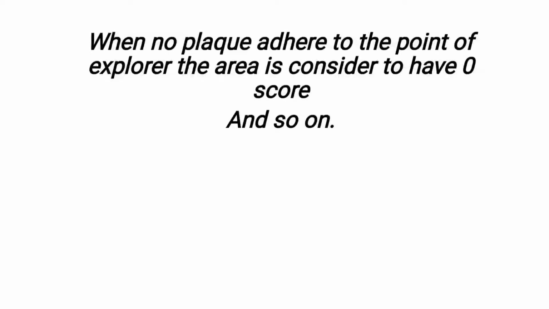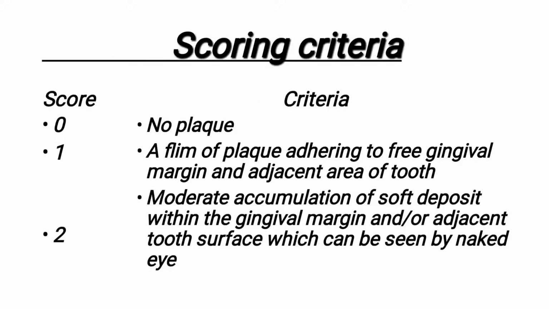Okay. Now, what is the scoring criteria? How can we give a score of 0, 1, 2 or 3 for plaque? Score 0 means there is no plaque, not visually seen through naked eyes or seen via explorer.